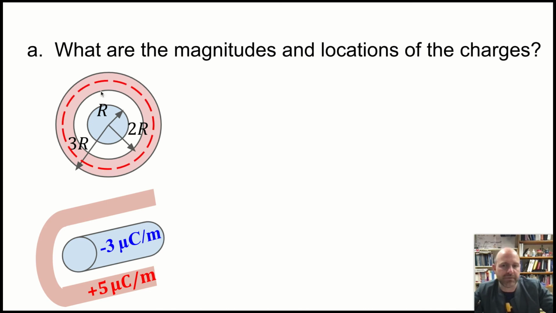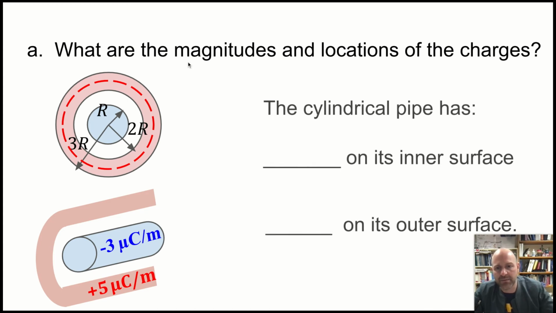If we draw our Gaussian surface, we know that by definition, there needs to be no electric field inside of a conductor. So that means the amount of charge enclosed by that Gaussian surface has to be 0. Well, if we have negative 3 microcoulombs on the rod per meter, then if this Gaussian surface encloses, say, a meter of the coaxial cable, then it would enclose negative 3 microcoulombs of charge inside, which means we need a positive 3 microcoulombs of charge on the inner surface per meter.